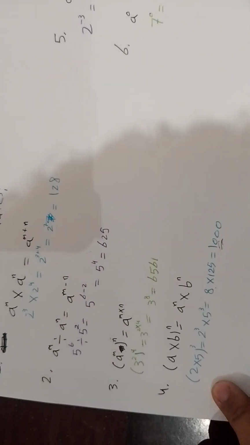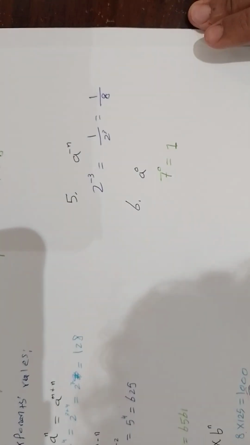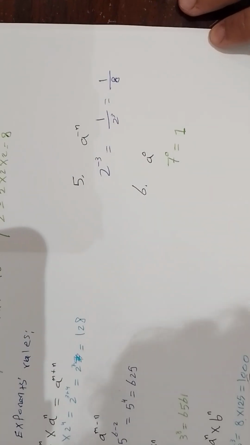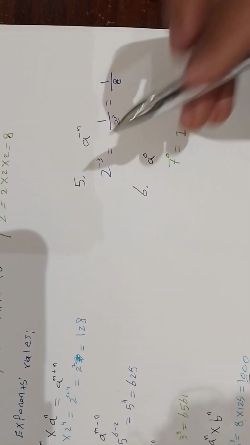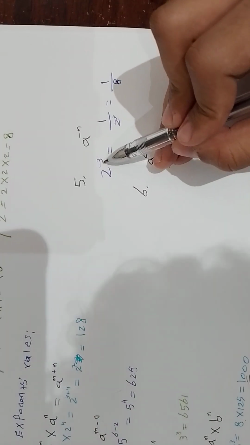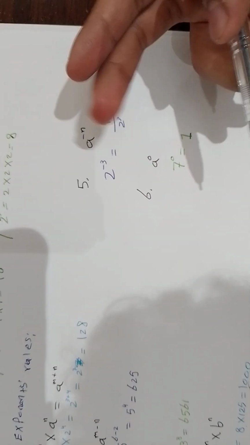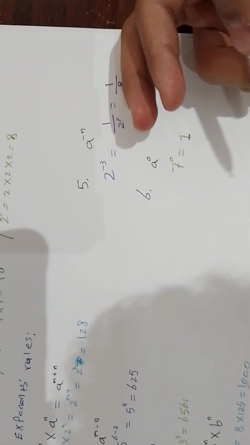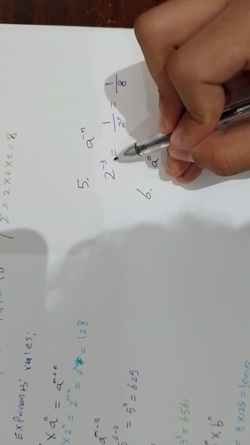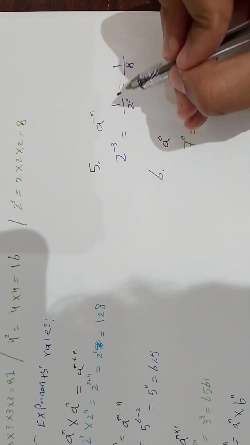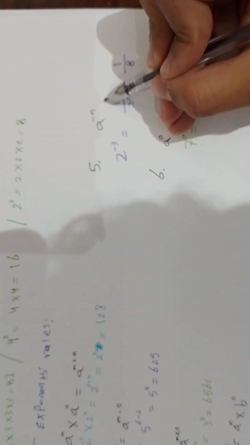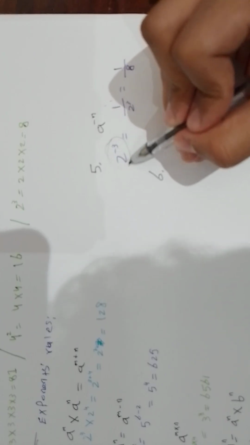So the two last rules are actually so easy. If you have a number to the negative power, you immediately flip it to the denominator. For example, 2 to the negative 3, you should put 1 over this number.